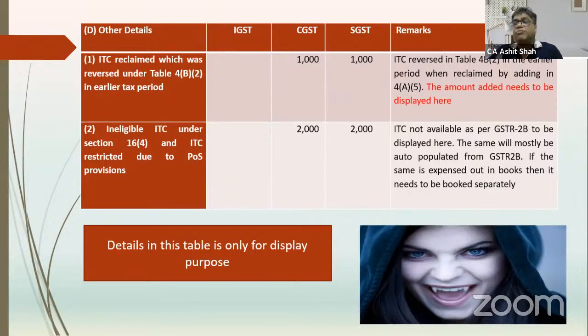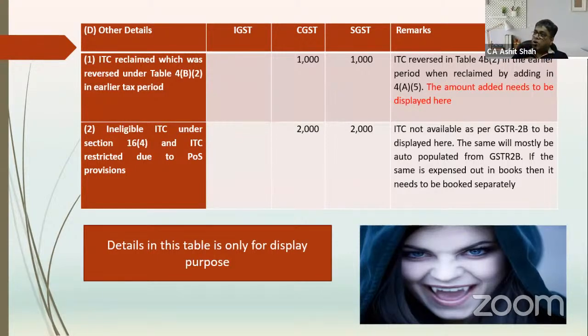Now, a very important point over here, which I have failed to understand, is that the eligible ITC has to be claimed on the basis of GSTR 2B only. Normally, when the return has to be filed, it has to be filed on the basis of data or transactions recorded in the books of account.